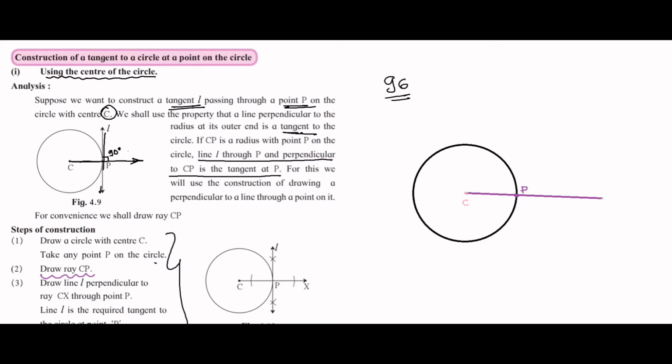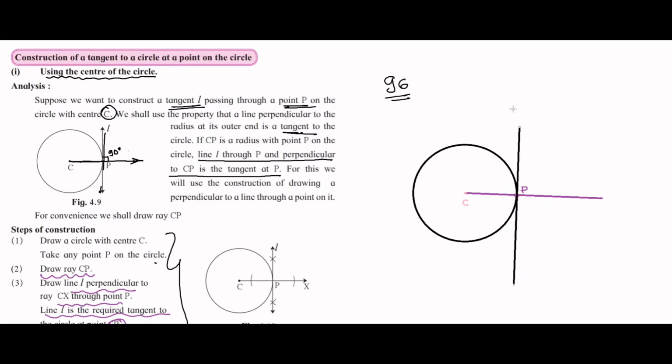Next they have told us to draw line L perpendicular to CP through point P. Line L is the required tangent to the circle at point P. So how to draw line L perpendicular? It will be somewhat like this one, like this.